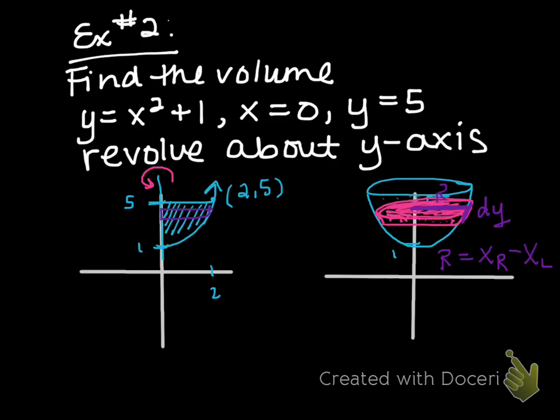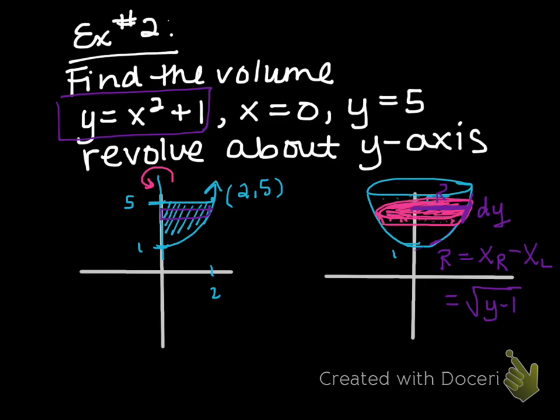Okay, so x right is just this parabola. So we want to take our equation from the beginning, y equals x squared plus 1, and solve that for x in terms of y so that we have x equals. Doing that, we get the square root of y minus 1.